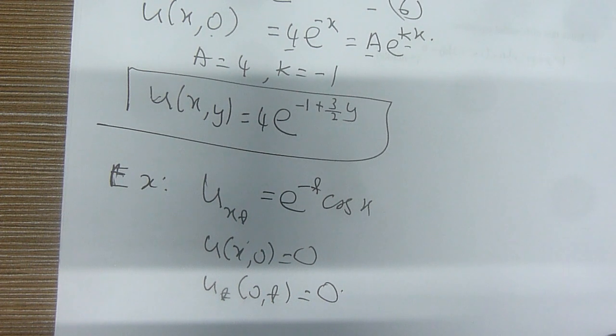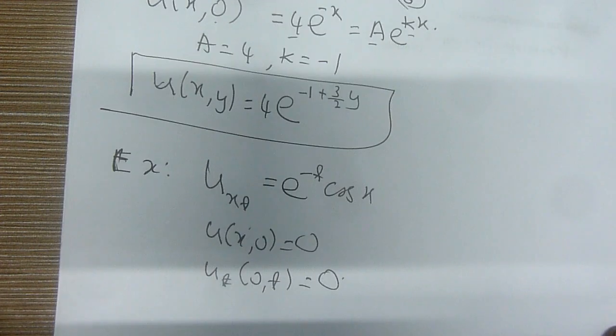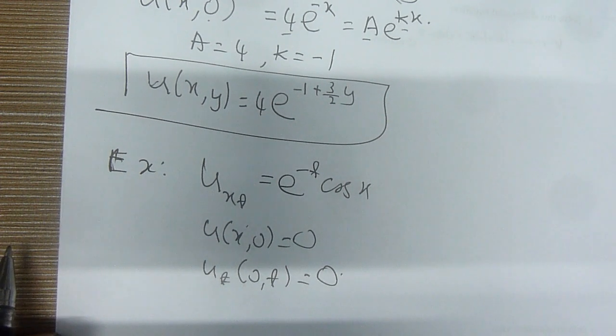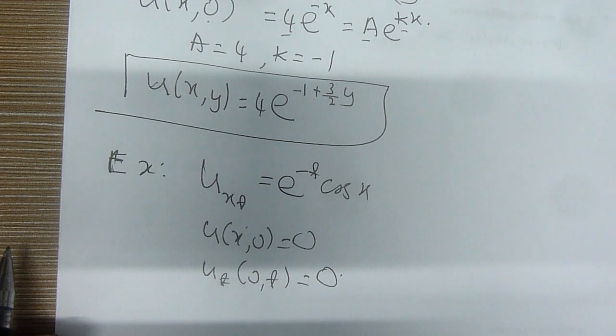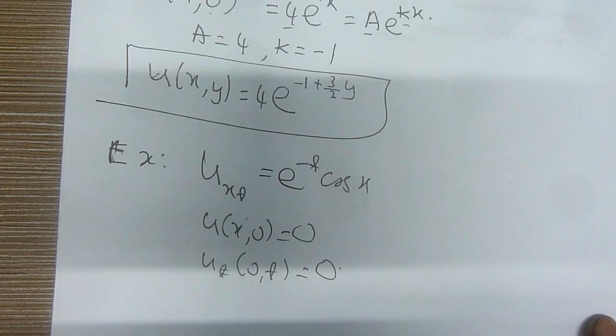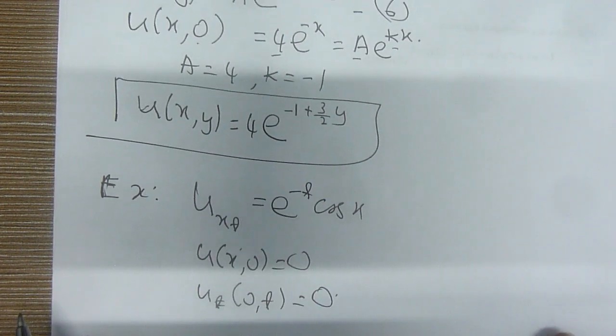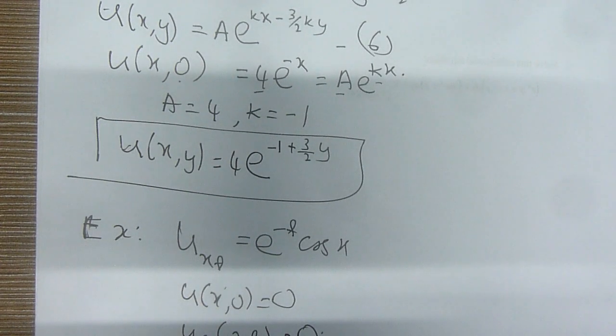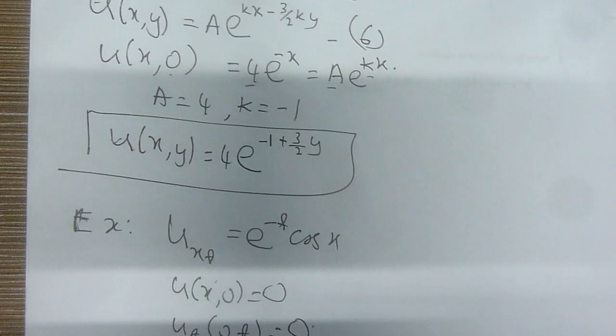Many of you, when I ask you to solve this problem, will follow the trend. What I mean is, you immediately start with the separation method. You never ask this question: is this linear homogeneous or not? That is a very important question.